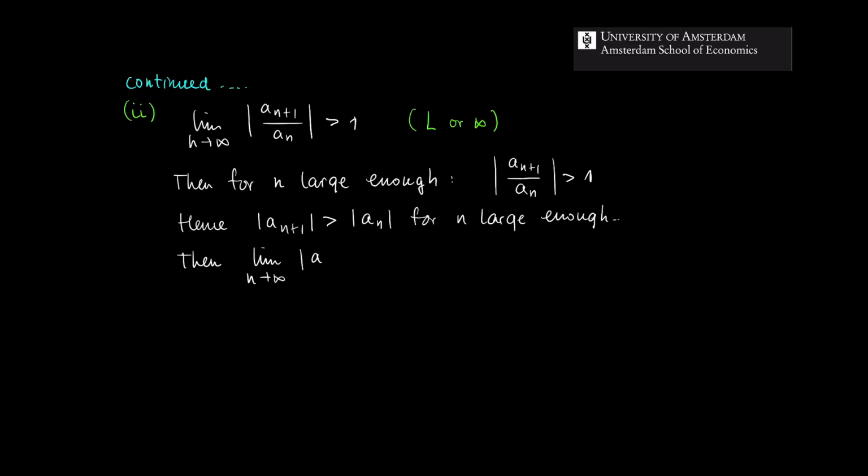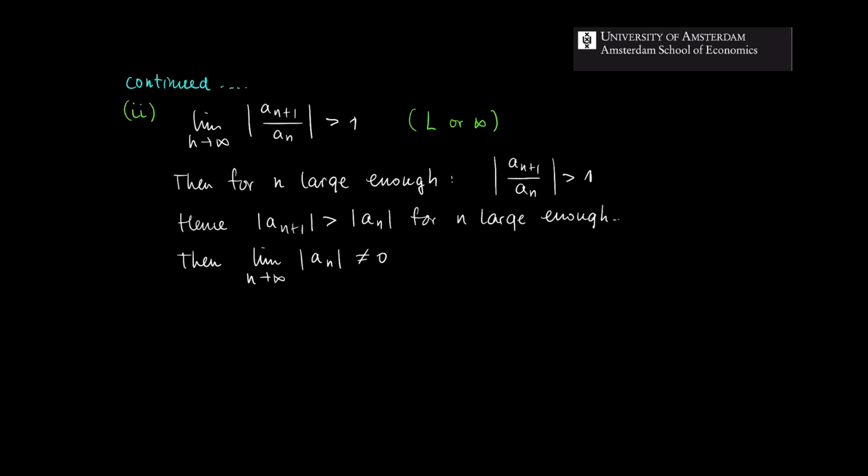Then it's very easy to see that we cannot have the limit for n to infinity of the absolute value of an equal to 0. So the limit cannot be equal to 0, since for n large enough, the sequence of absolute values of an forms a monotonically increasing sequence, and this cannot have limit 0.